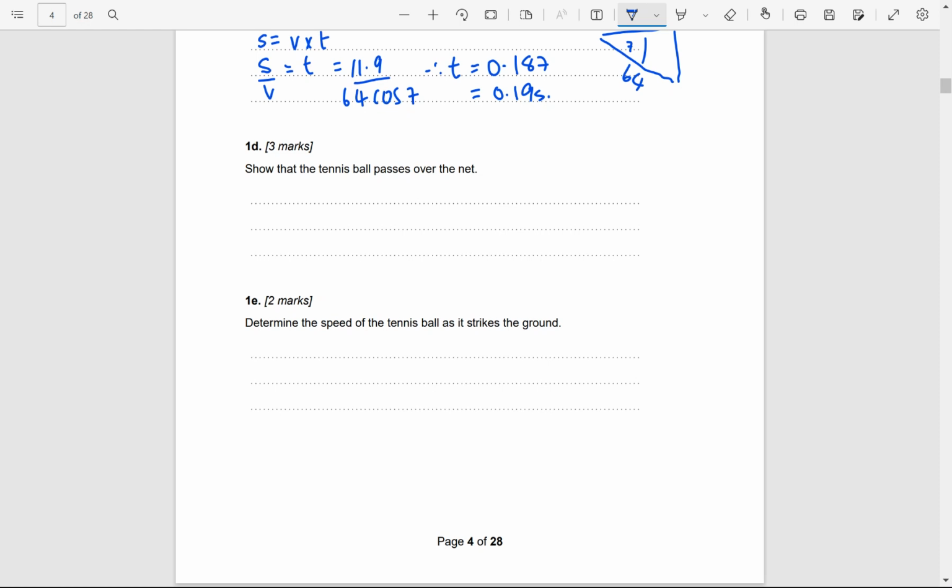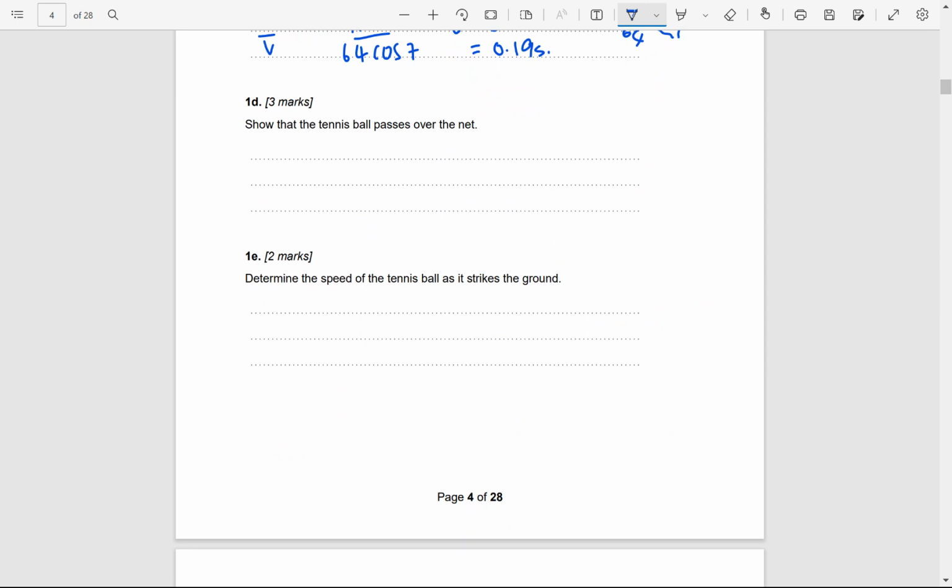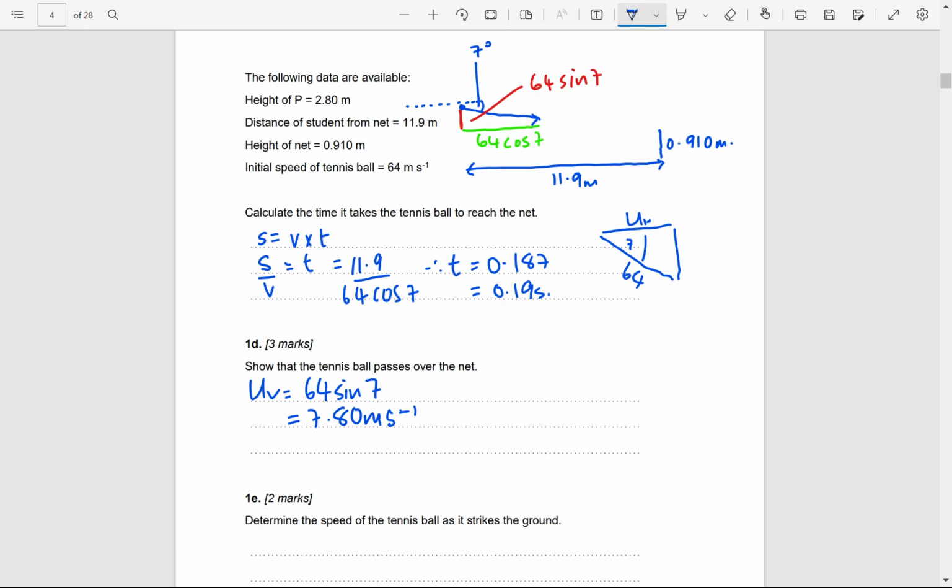Show that the tennis ball passes over the net. All right, so we know that the vertical speed is 64 sine 7. So if we work that through, we get 7.8 meters per second. Now we know that it takes 0.19 seconds to reach the net.